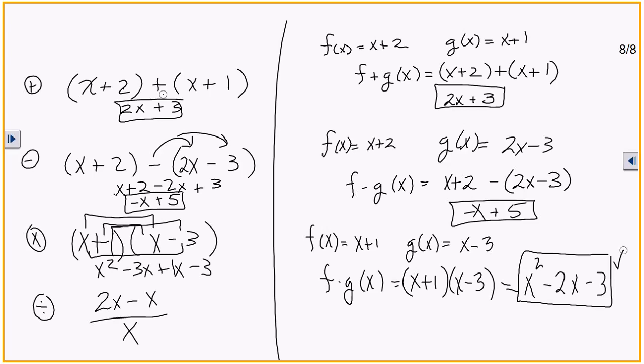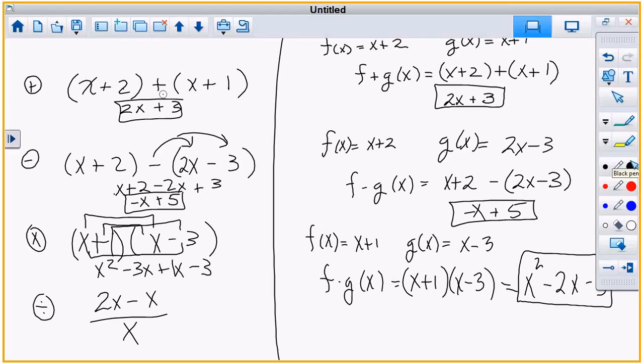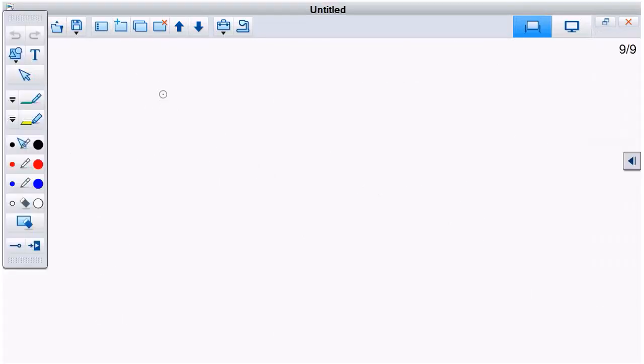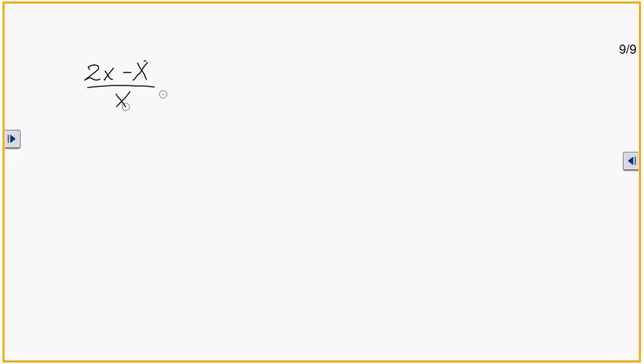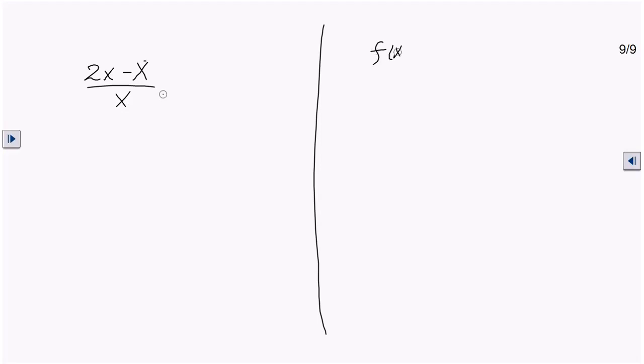And then, of course, the last one. I'll give you a minute or two to pause that so you can write everything down. And I'm going to erase the bottom one, or I'm just going to clear it. 2x minus x over x. And over here, it's going to be f of x is equal to 2x minus x.